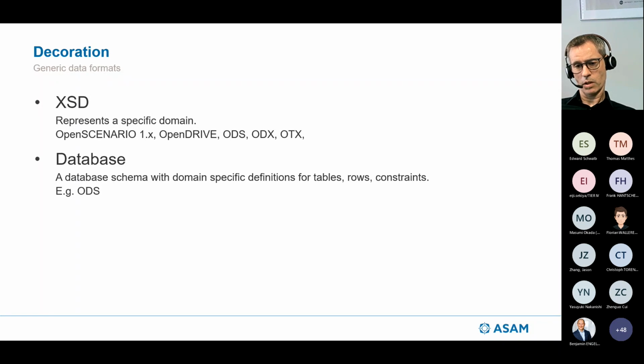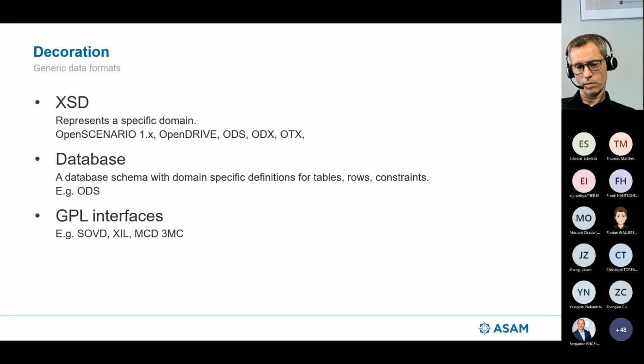That's what we are doing in the Open Data Services, where we have a generic relational database, and we define the database schema on top of that. And last but not least, we sometimes have GPL interfaces where we define MCD interfaces.